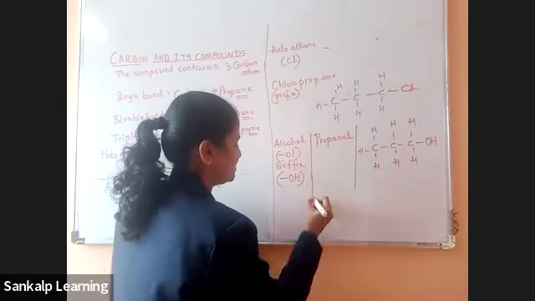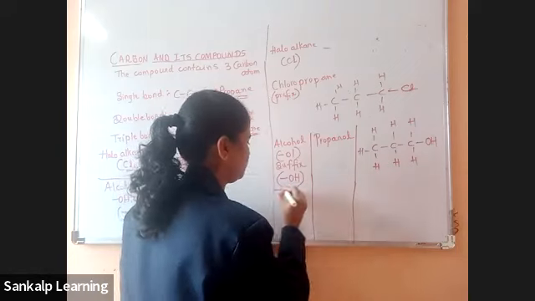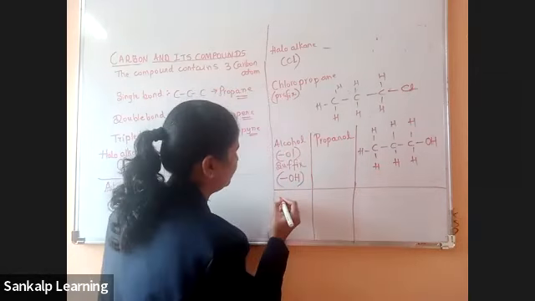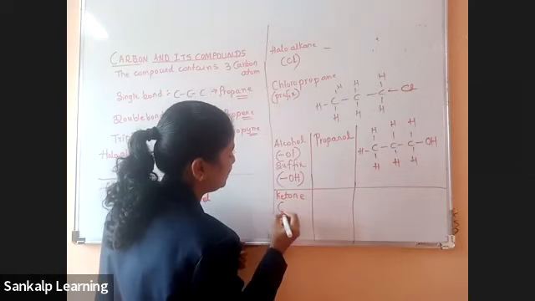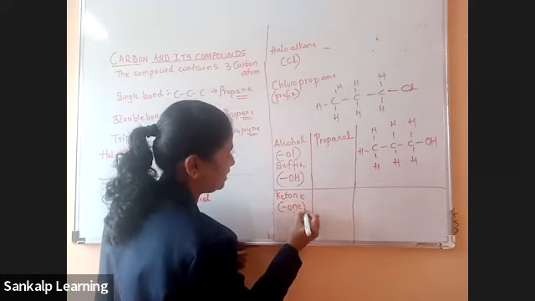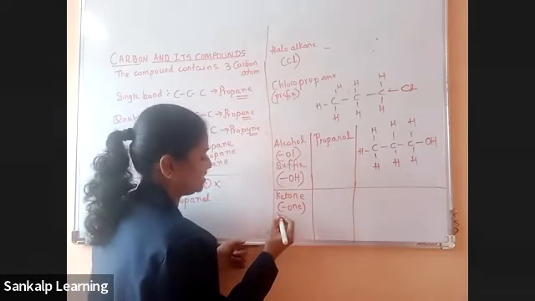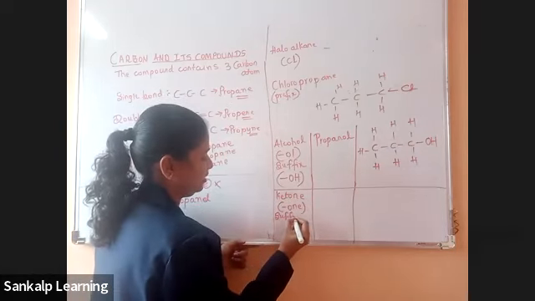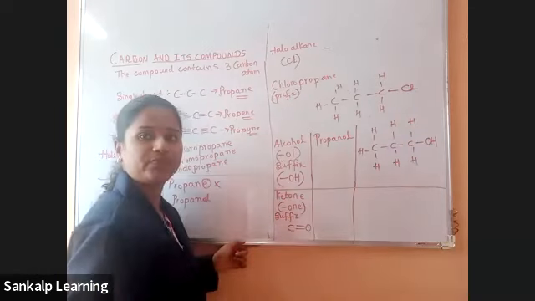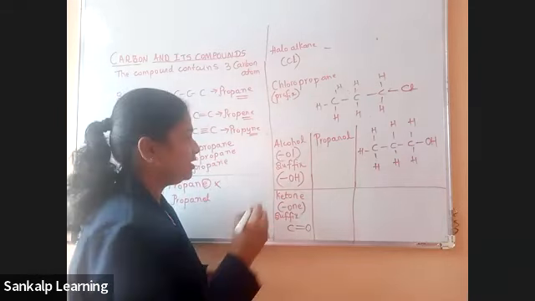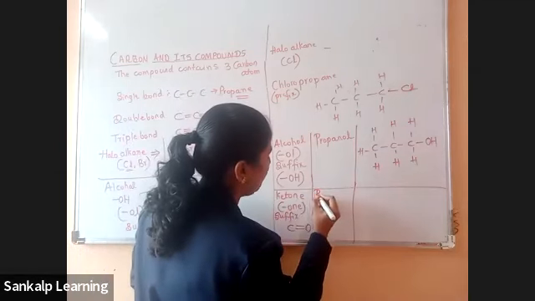Okay. Next, if ketone is attached, ketone, its suffix is ONE. It is written as suffix, guys. Suffix. Okay. And this one is C double bond O. So it will be written as propane will be there.